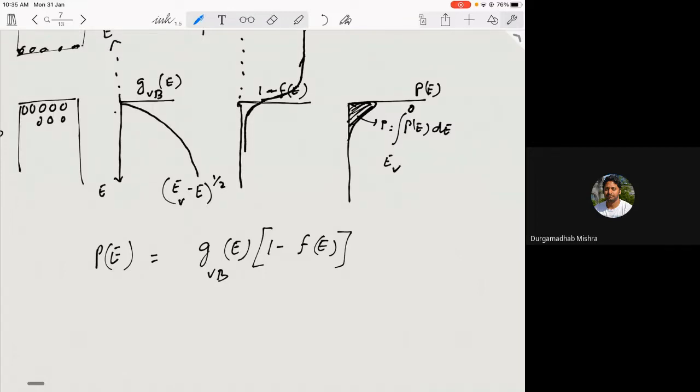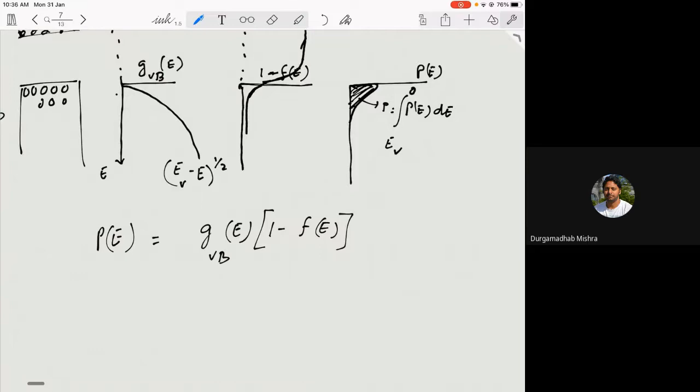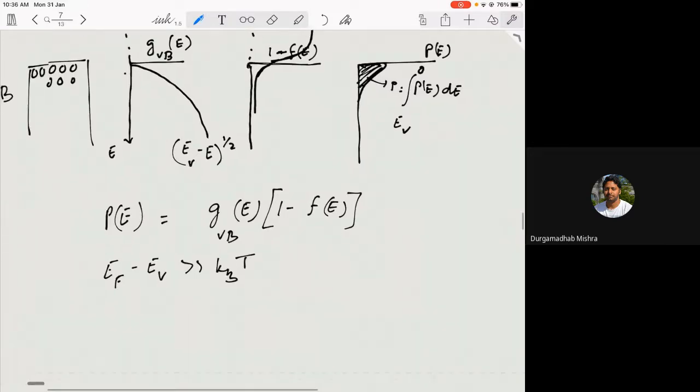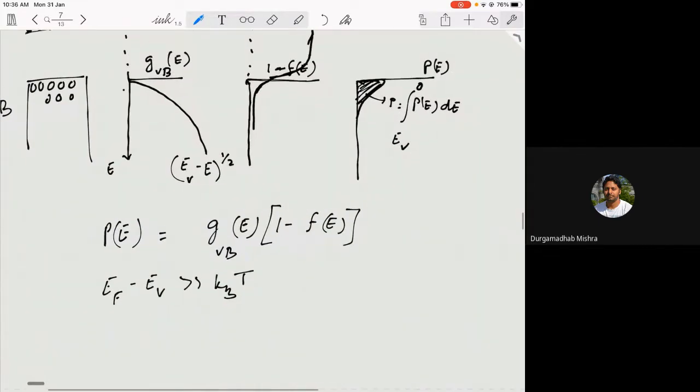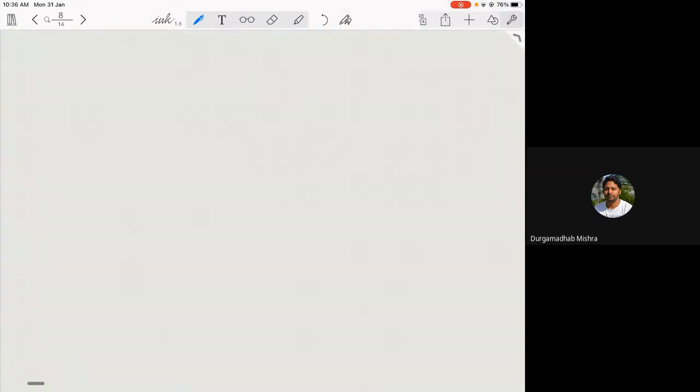Again, we assume that E_F minus E_V will be much greater than k_B T, so we will use the Maxwell-Boltzmann distribution, and you do the same mathematics, and what we get is an expression for p, which is equal to N_V exponential of minus (E_F minus E_V) by k_B T. Very similar to the number of electrons that we calculated.